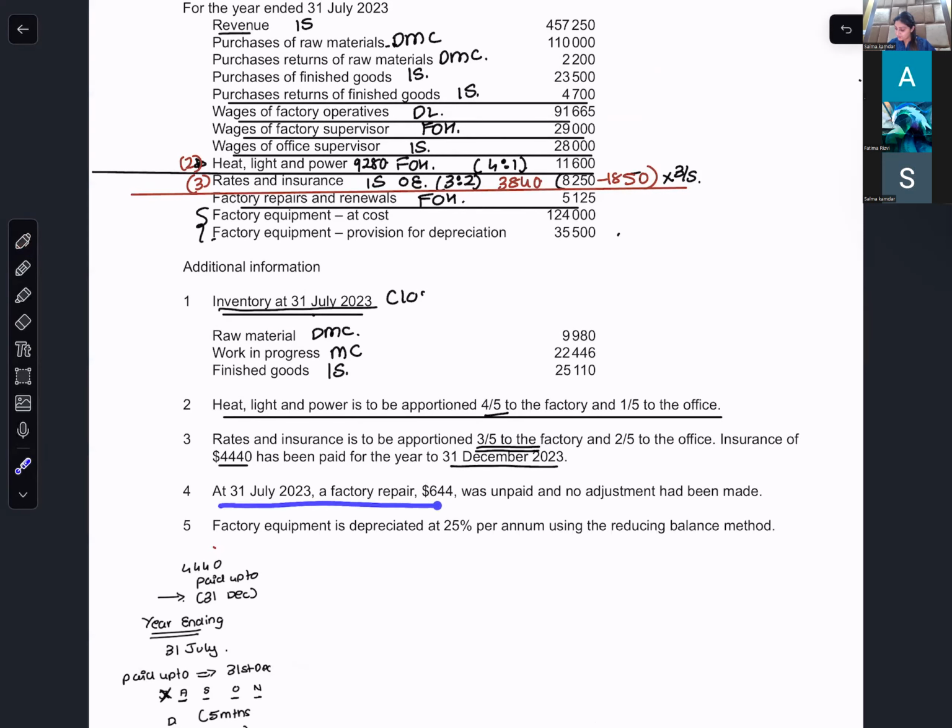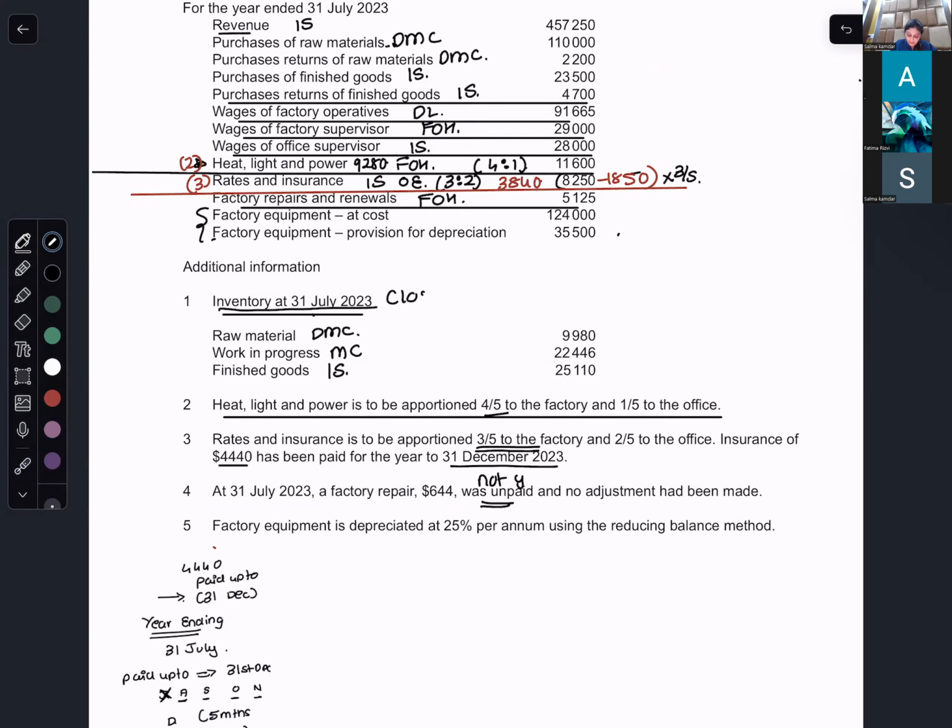Fatima, read the fourth adjustment. At 31st July 2023, a factory repair of 644 was unpaid and no adjustment had been made. Unpaid factory repair means what? That we didn't pay, not yet paid.